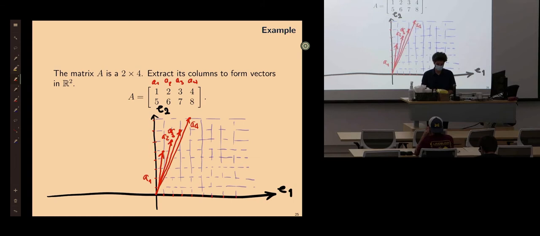What would it be like if one of these vectors would be, let's say, proportional to the other one? For example, I have a fifth column, A5, right? And that's 2 and 10. 1, 2, 3, 4, 5, 6, 7, 8, 9, 10.